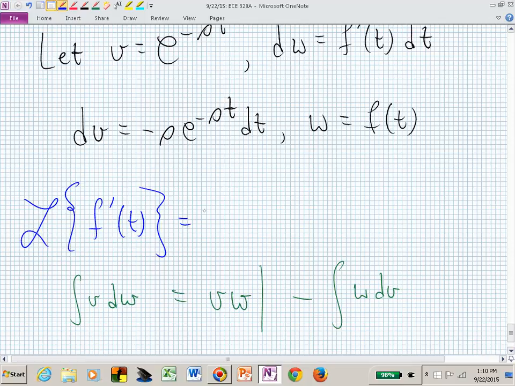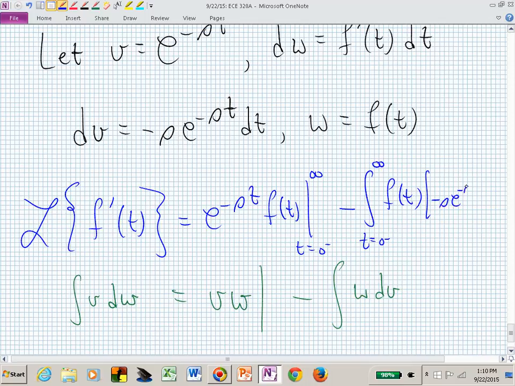V was e to the minus st, and W was f of t, and we evaluate from t equals 0 minus to infinity. Then we have minus this integral from t equals 0 minus to infinity of W, which is f of t, dV, which is minus s e to the minus st dt.